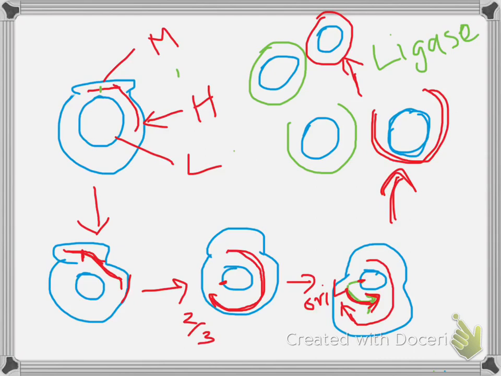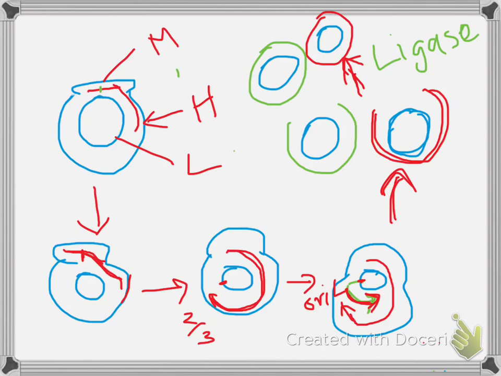So we get a structure like this, and at this stage the ligase enzyme will come and join the ends of these strands. So we get two double-stranded DNAs like this, each containing one old strand and one new strand.